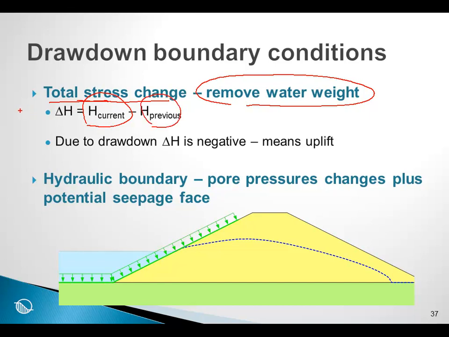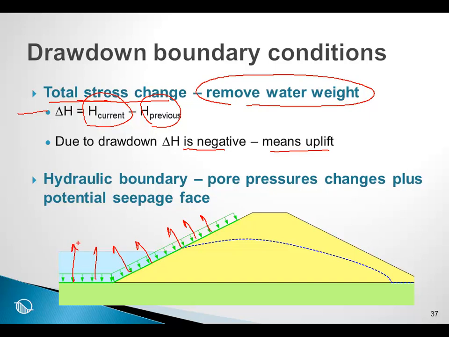As a result, the delta H becomes a negative value. And the negative value, in essence, means there is uplift. So the removal of the water will apply forces on the surface to simulate the removal of the weight.